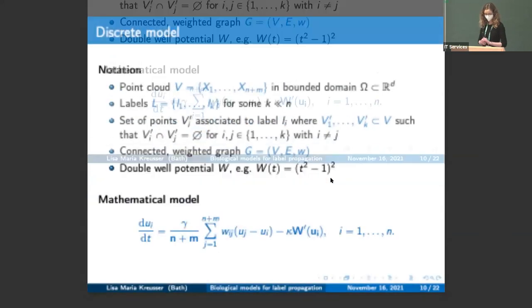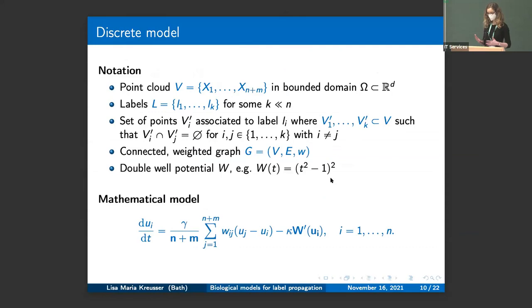And then the last thing in terms of the mathematical analysis, which is often very helpful, is that we do an appropriate scaling. So if we consider the sum over n plus m entries, then it's desirable to scale this sum by n plus m.